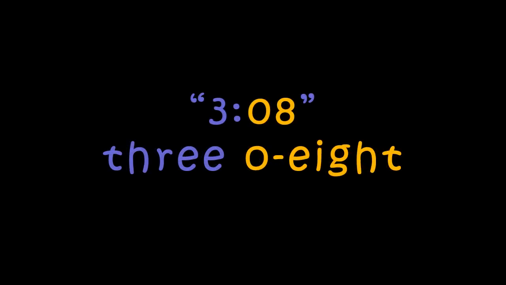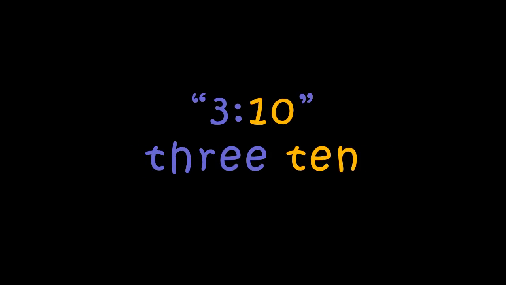So you don't say 31, you say 301. Okay, and this continues until 9. So we say 301, 302, 303, and then 304, 305, 306, 307, 308, 309, and then we get to 310.